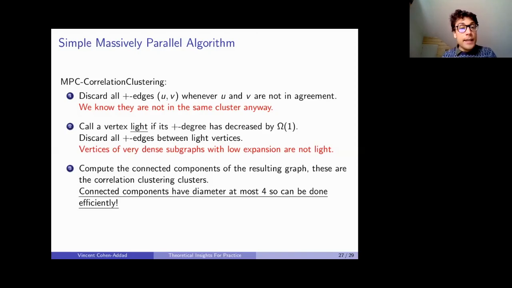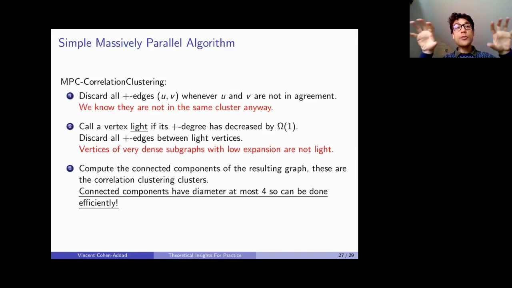The idea is that densely connected subgraphs are made of vertices that agree between them, so they will remain not light. They will be heavy vertices, and they are tightly connected, so their diameter is very small. Maybe you will attract some light vertices, but they are one hop away or so, so it's not too bad.